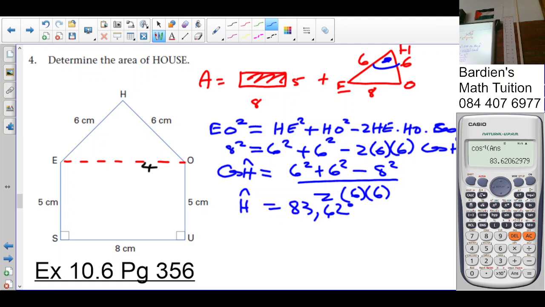Now, do I have enough information to calculate the area? Yes. The area is the rectangle, width 8 times 5, plus half AB sine C. Write the formula in.